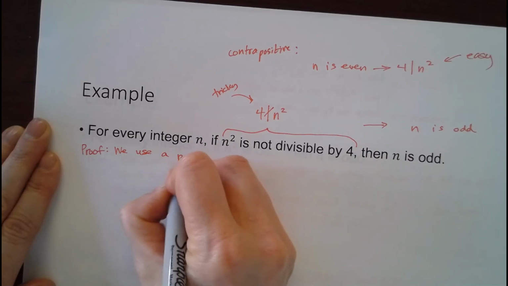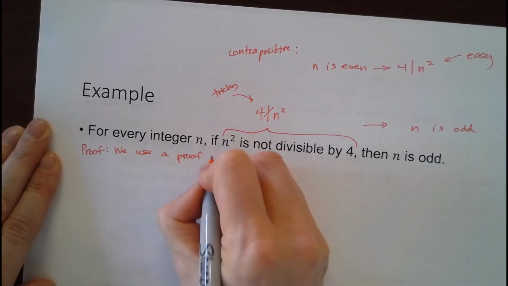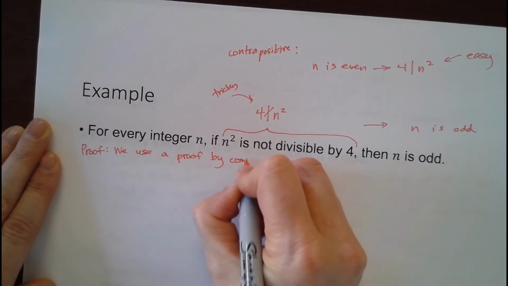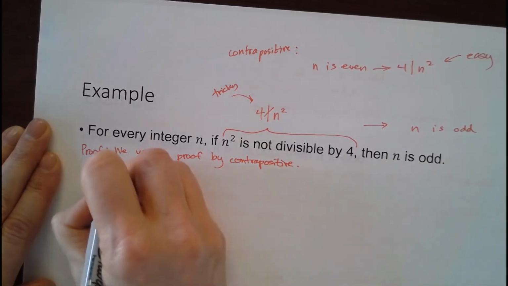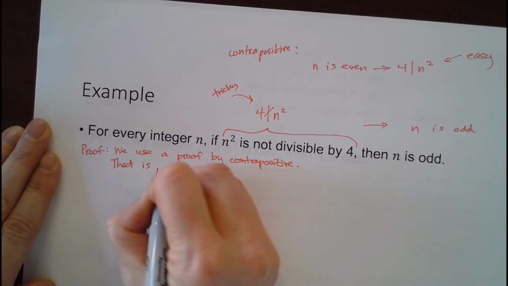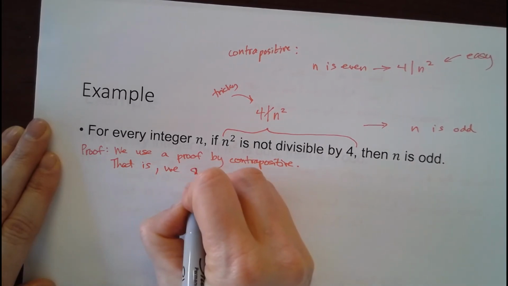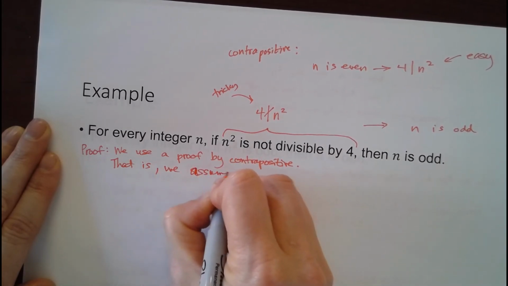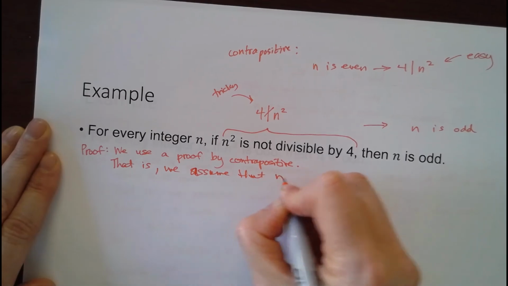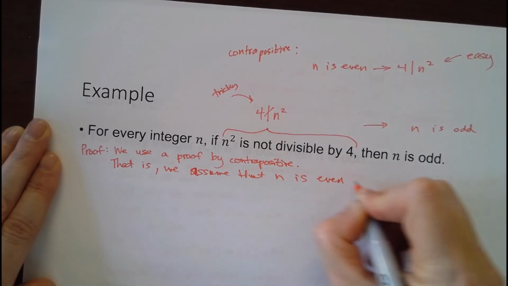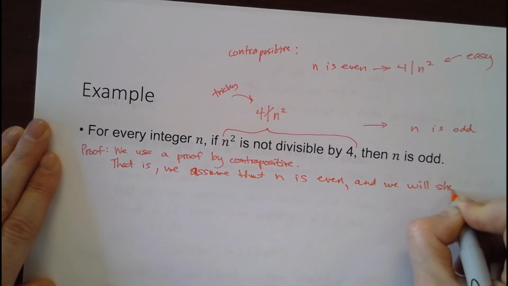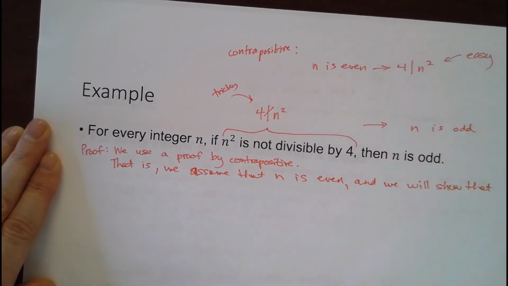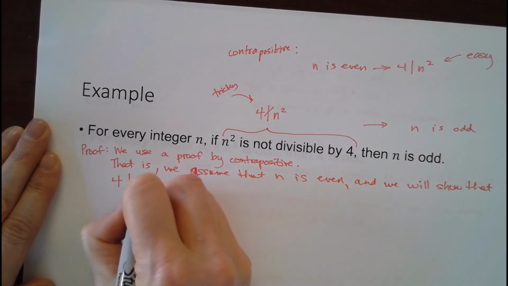And we use a proof by contrapositive. That is, we assume that n is even, and we will show that 4 divides n squared.